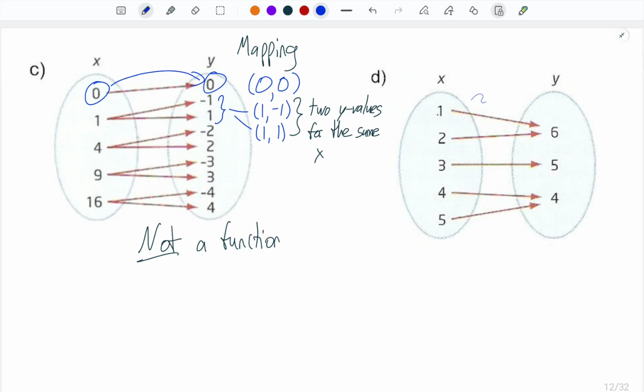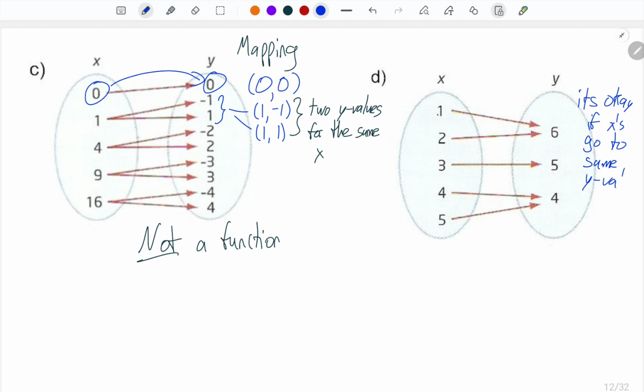In comparison, though, if we take a look across here, 1 only goes to a single y value. 2 only goes to a single y value. And it's okay if they go to the same y value. I'll write that down: it's okay if x's go to the same y value.